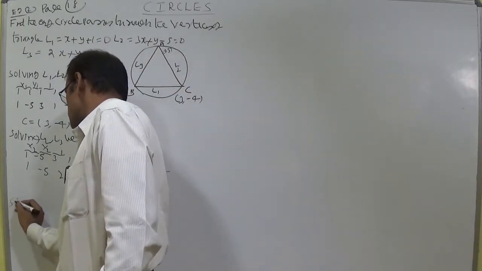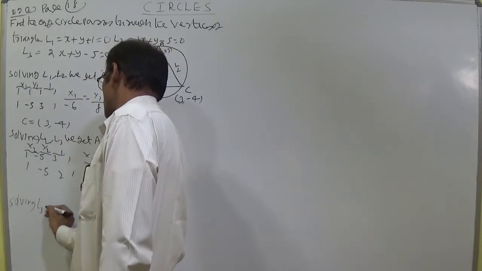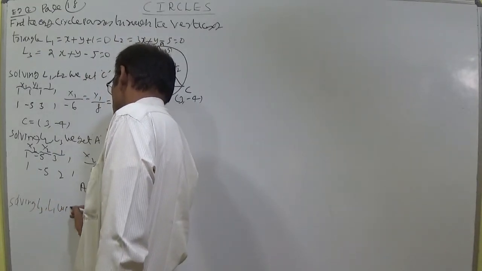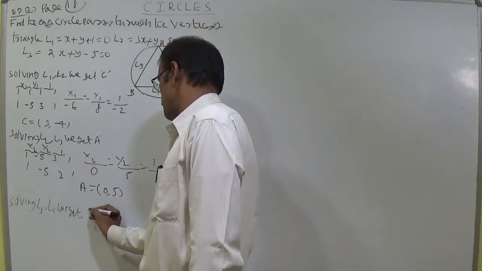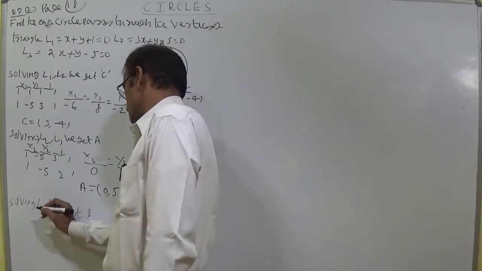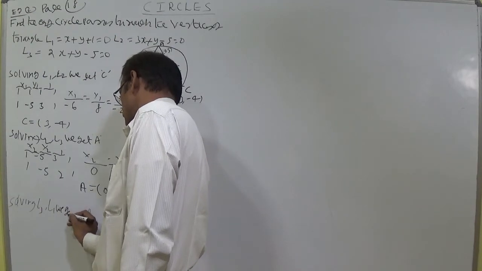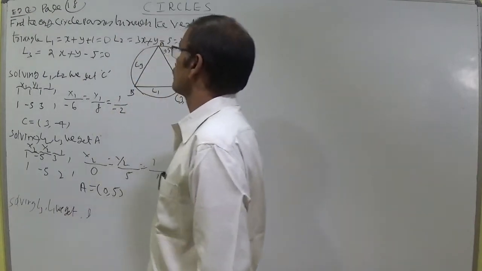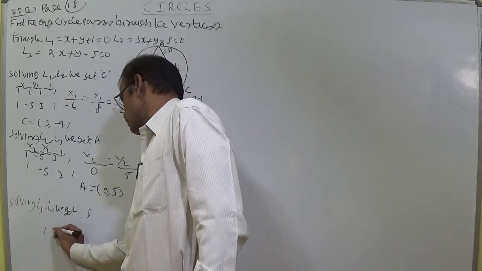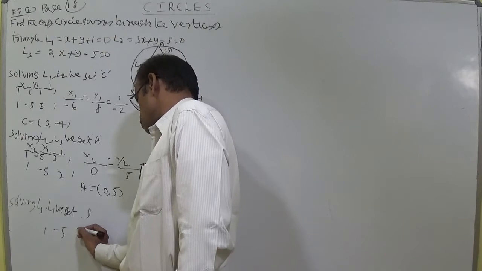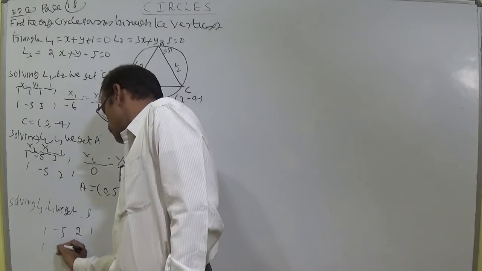Next you can write, solving L3, L1, we get B. So you write here 1, minus 5, 2, 1 and here 1, 1, 1, 1.